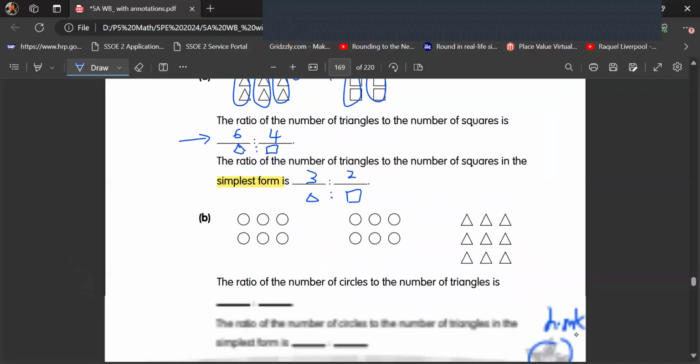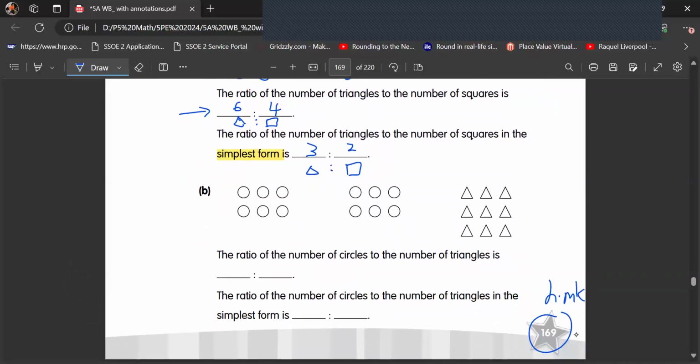Then the homework was on the next page, next question, one on 169. So the first one asks you to write the ratio in numbers first, then in the simplest form after that.